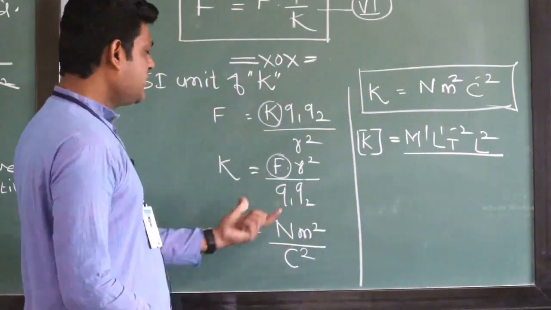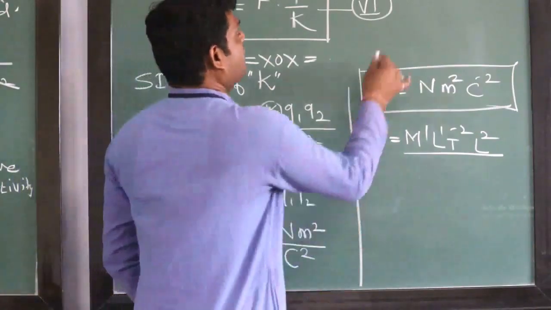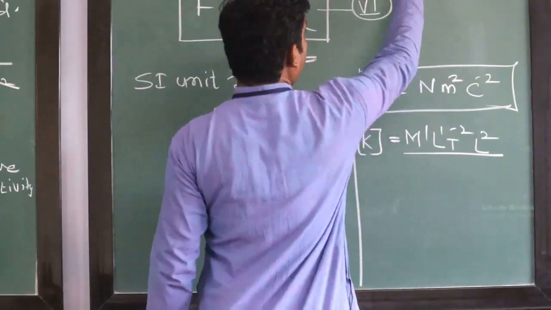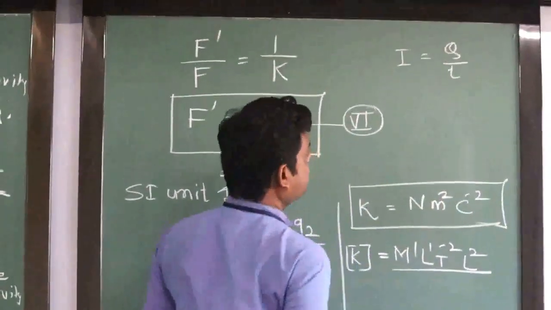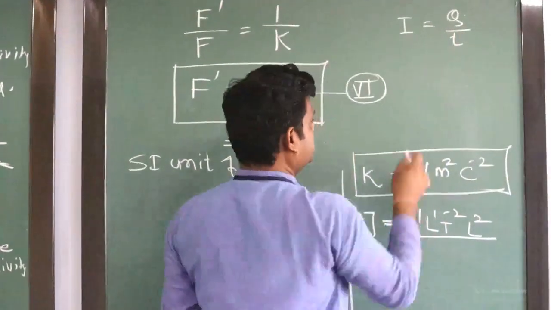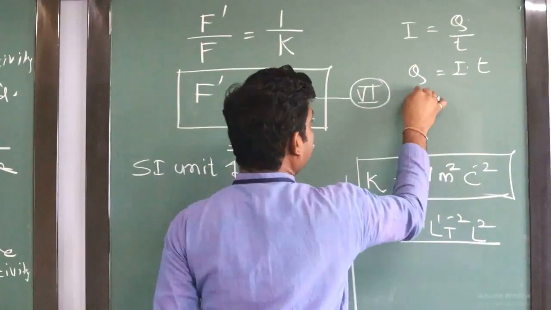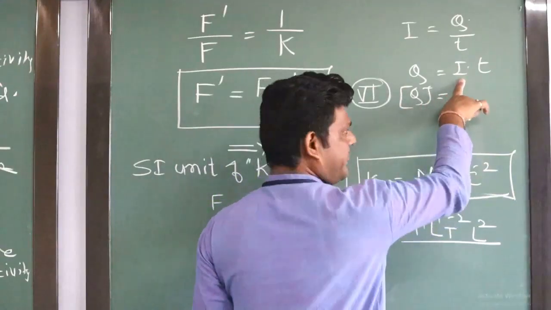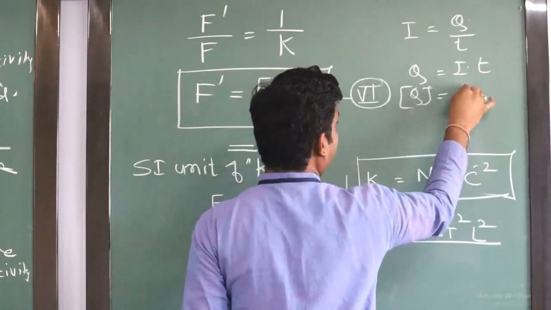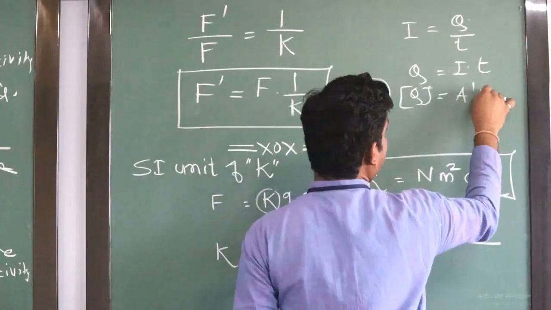What is the dimensional formula for Q? That we will solve. What is the basic definition of current? I equals Q by T, where Q is the charge. So Q equals I into T. The dimensional formula for current is A raised to 1 and for time is T raised to 1.